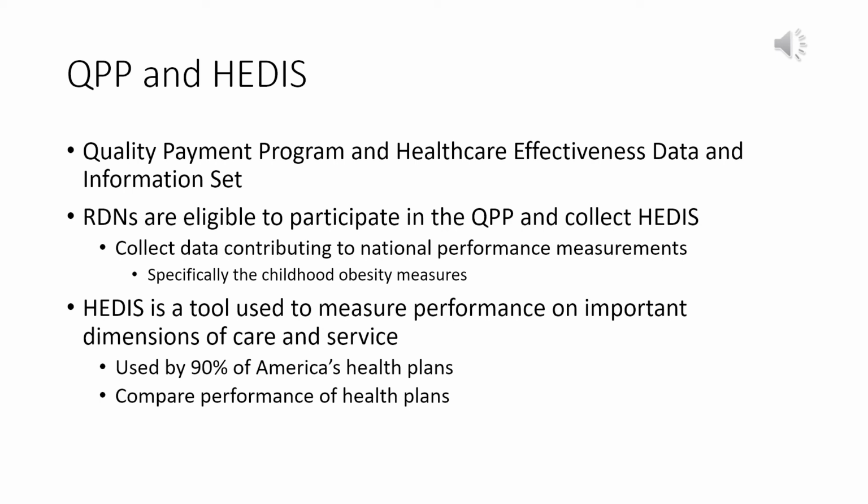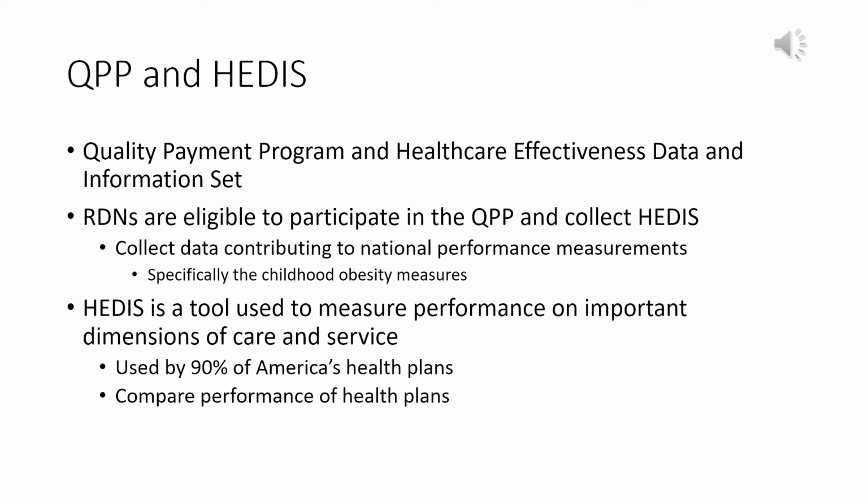Here are two concepts or two programs that you should definitely have some exposure to. The Quality Payment Program, QPP, and Healthcare Effectiveness Data and Information Set, HEDIS. Now, HEDIS is a tool used to measure performance on important dimensions of care and service, and it's used by 90% of America's health plans.